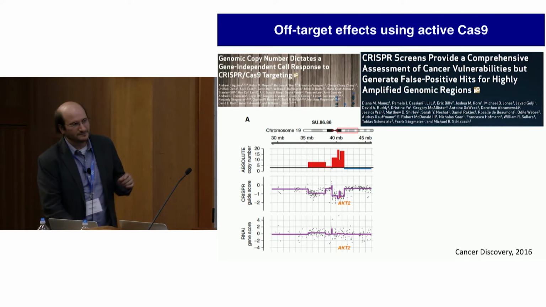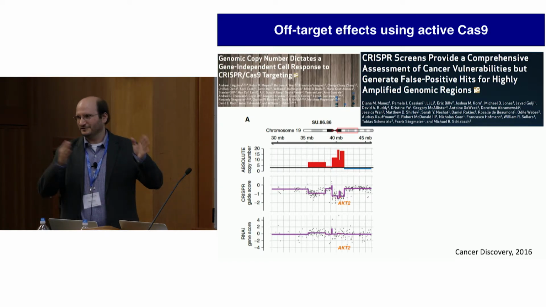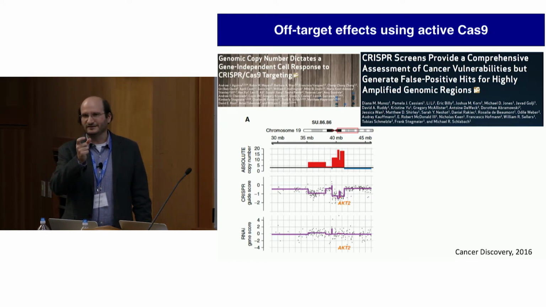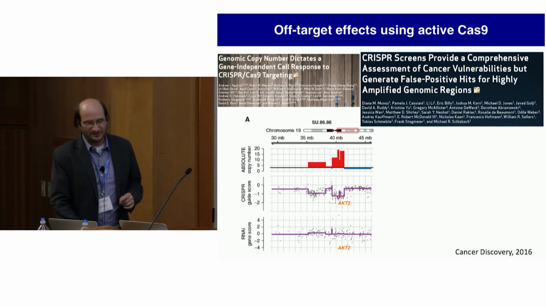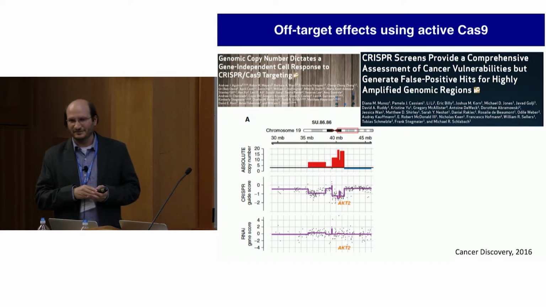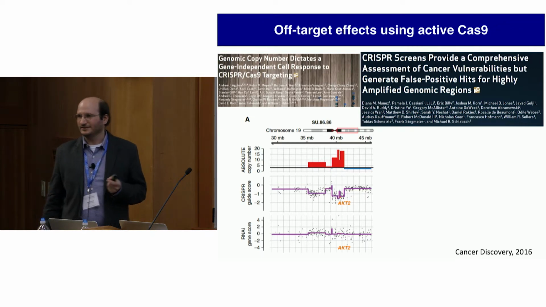And this is because if you have enough copies of a piece of DNA, you can actually cause a significant amount of DNA damage. In some cases, so significant that the cell will just effectively die because you have this massive DNA damage response.